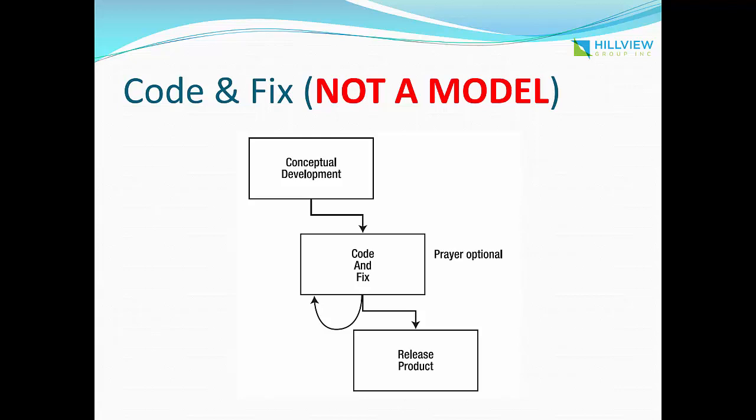You write code, you compile, you run, it errors out, you fix the error, and then you check again. If you find another error, you fix that error, you compile, you run, and you continue this cycle until you don't see any error anymore. Then you ship your program to whoever wants to use it.